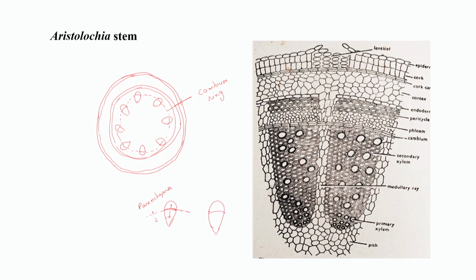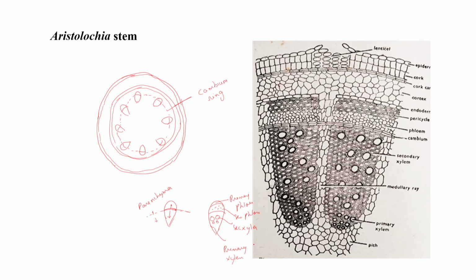Okay, you will have secondary phloem and a small amount of primary phloem. And this is the secondary phloem. And here also you will see most of it will be secondary xylem, and a small amount of primary xylem will be left in the end.